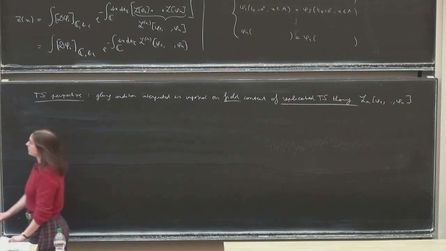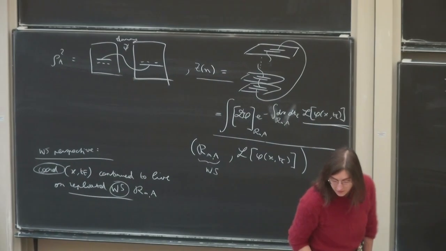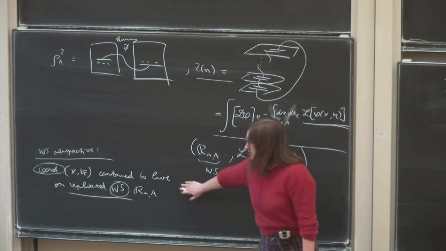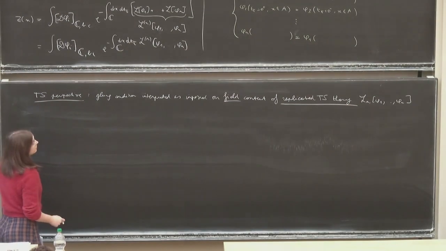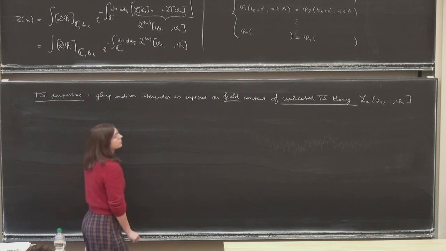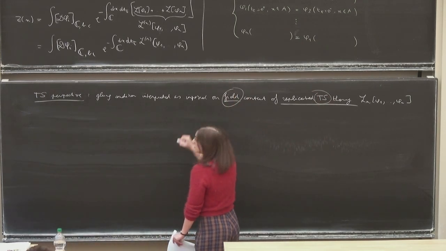So here we had a replicated worldsheet because we were talking about the coordinates. And here we have a replicated target space interpretation because we're talking about the fields.